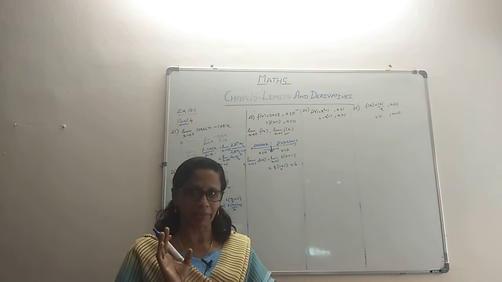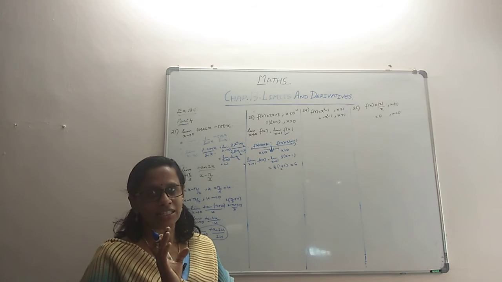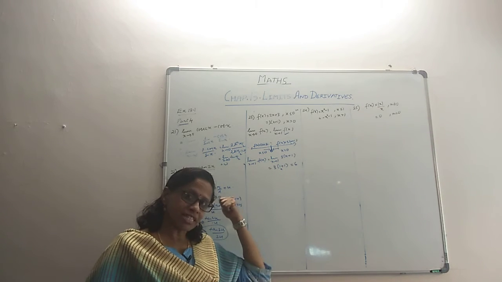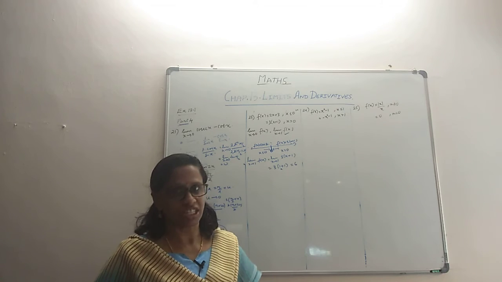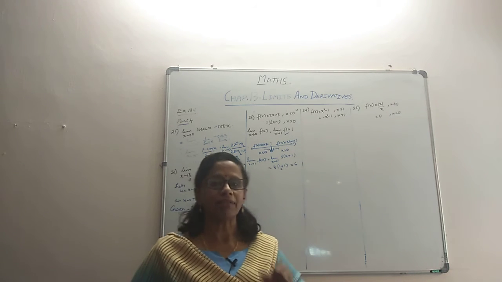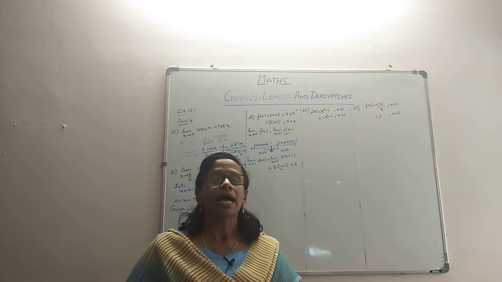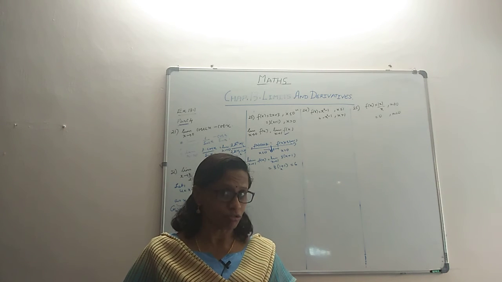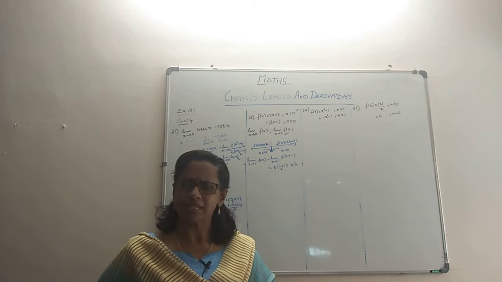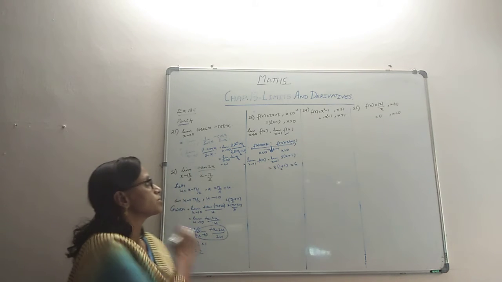Here we have a typical case like that. At 0 from the left side, the function is different. At 0 from the right side, the function is different. So we are going to apply it, and see how the values work out. If the values are tallying, then the limit exists. If the values don't tally, then we'll say that the limit does not exist. As simple as that. So let's proceed and see.